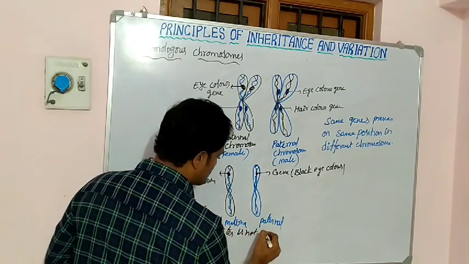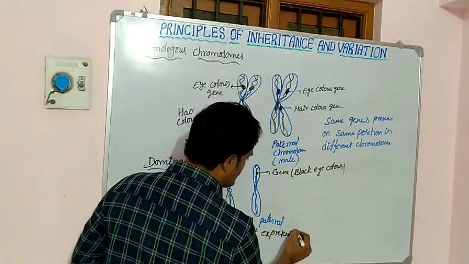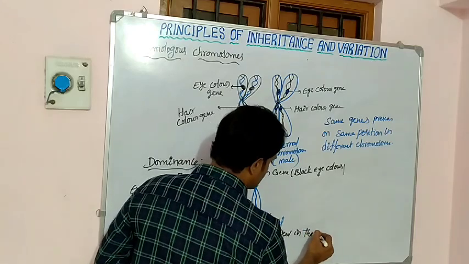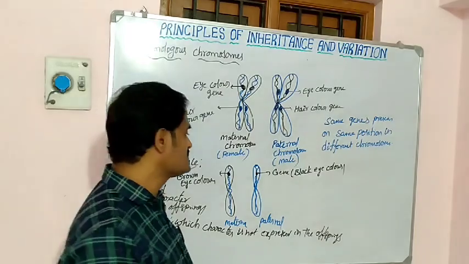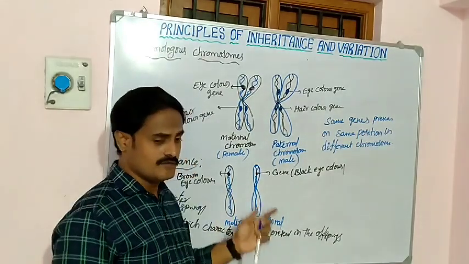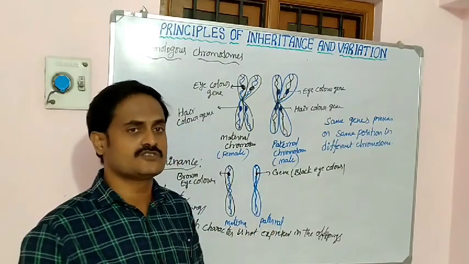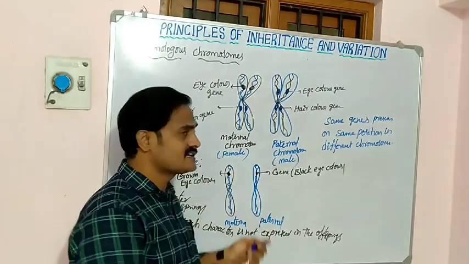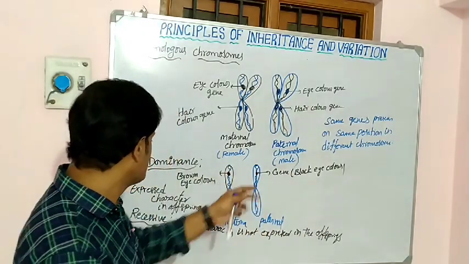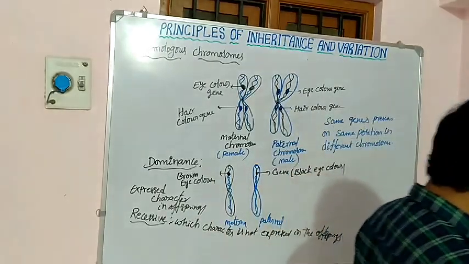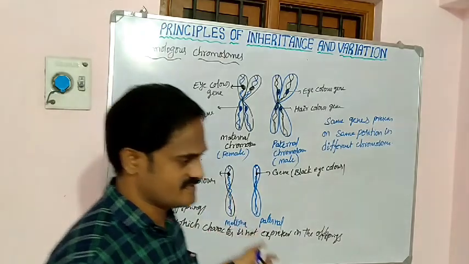It is present, but we will not see it in the offspring. Recessive means the character which is not expressed in the offspring. Okay. Next, if you want a screenshot, please take it.